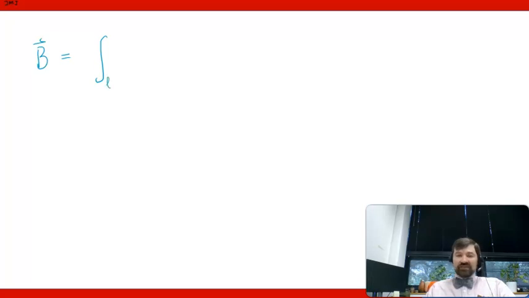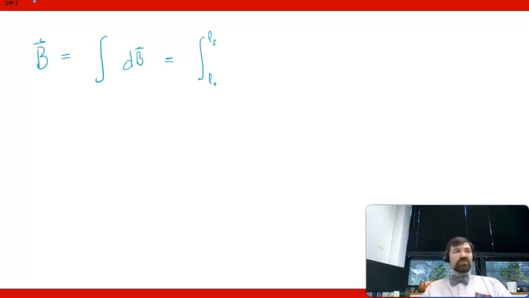So you could say from one end of the path to the other end of the path of dB. I've written this in a funny way. Maybe I should write it with those integral terms L naught and L final or L end or whatever.